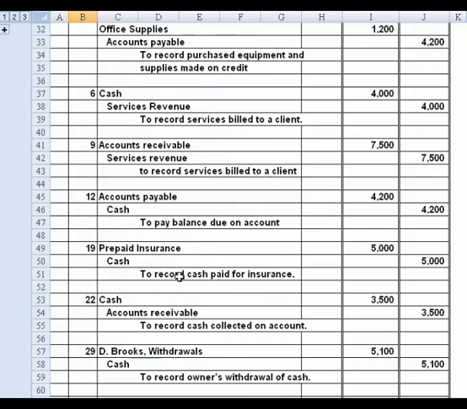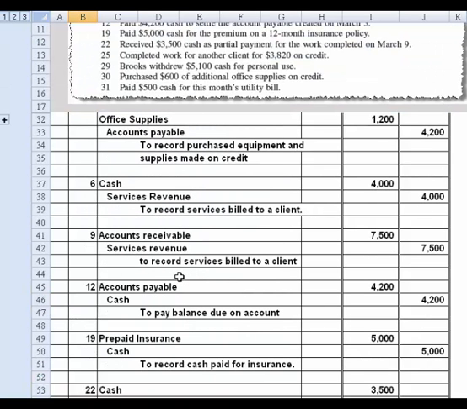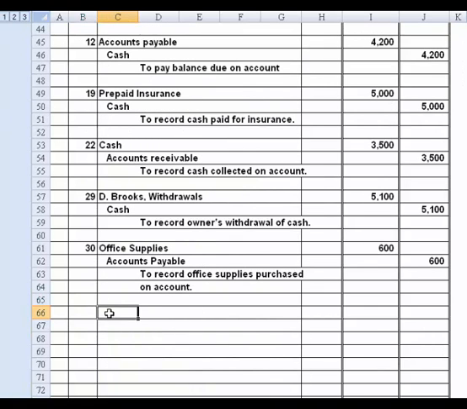Okay, and then our final transaction is paid $500 cash for this month's utility bill. So let's give that one a shot. And what I will do is I will say we're going to use an account called utilities expense. So I'll type that in, utilities expense. And we paid for it with cash.